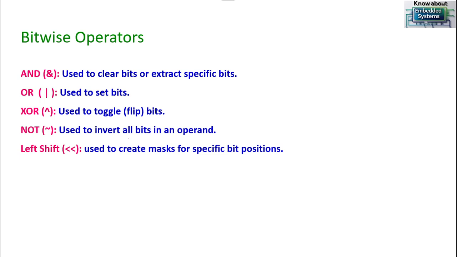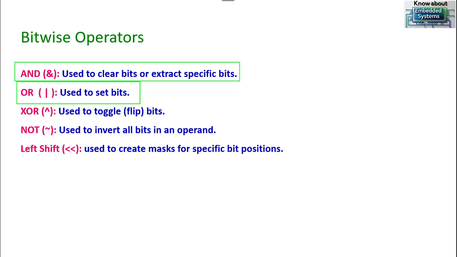If you want to set any bits, I'll be using the bitwise OR operator. If you want to clear the bits, I'll be using the bitwise AND operator. If you want to toggle or flip the bits, like 0 to 1 and 1 to 0, I'll be using the XOR operator.